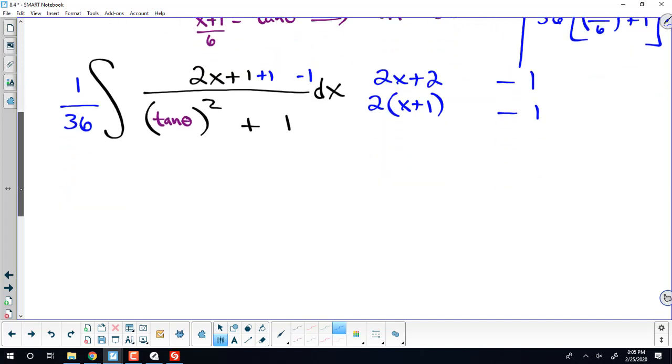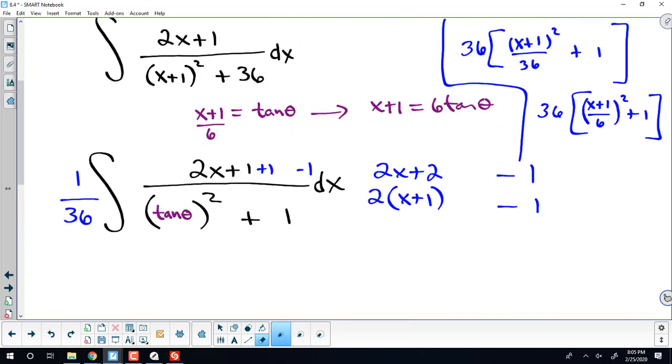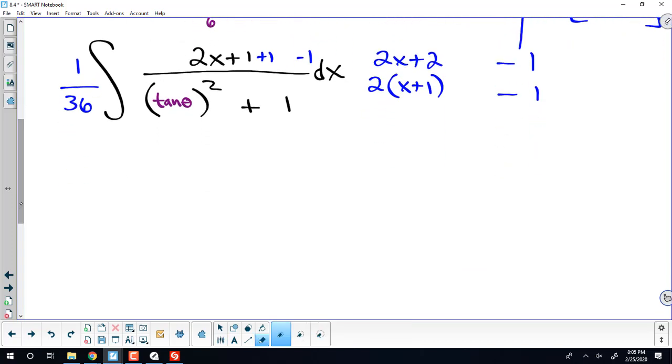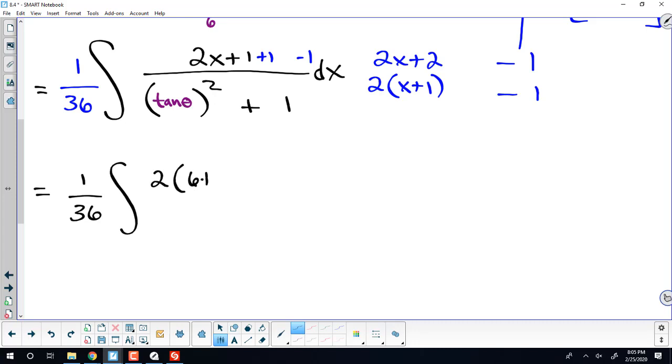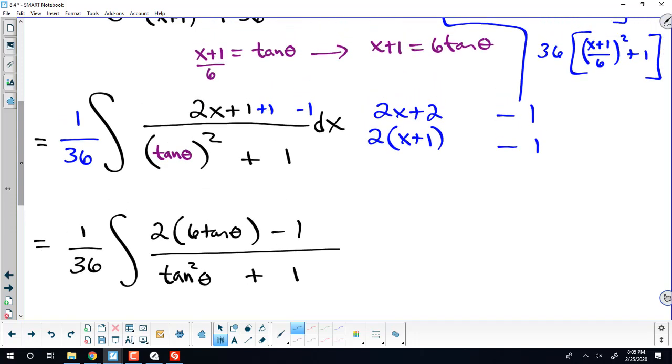So let's write that here. So that's 2x plus 1 in disguise. We have our tangent squared plus 1 on the bottom. And then we need to figure out our dx, which means we need to take the derivative of our substitution.